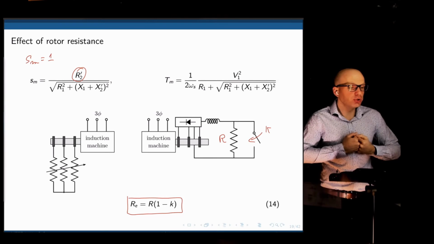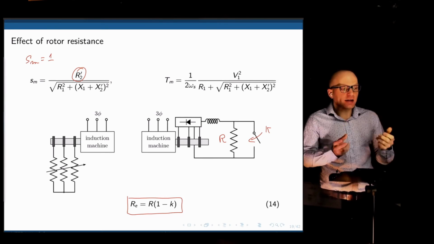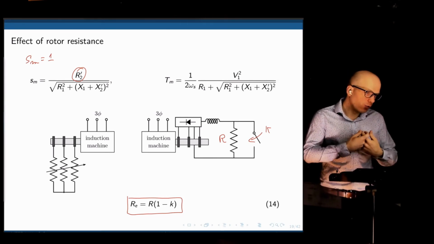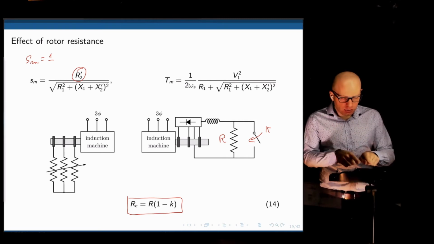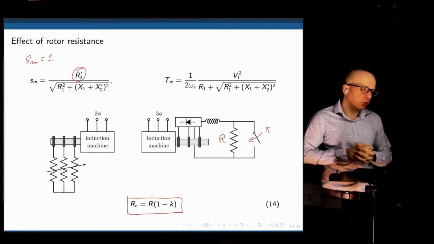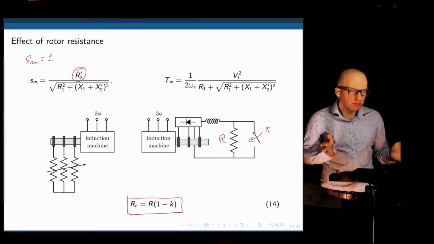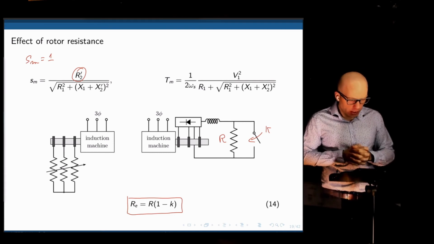So by changing the duty cycle, we change the effective resistance in the rotor winding, which allows us to control the point where the maximum torque occurs. Now, simple solution and quite an interesting way to do this.